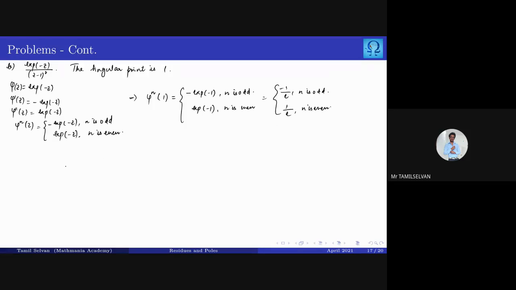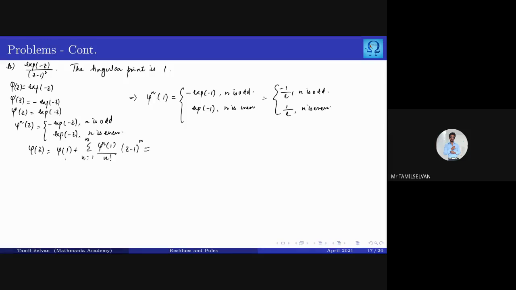Now we shall write this: phi of 1 plus summation n runs from 1 to infinity, phi nth derivative at 1 upon n factorial multiplied with z minus 1 to the power n.